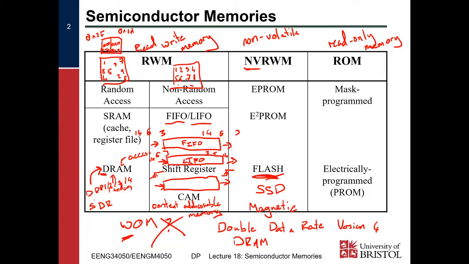If not, just being able to read your entire data structure at once doesn't really count as random access. You could call it full access or something like that, but it's not random in the sense that you can't randomly select one chunk of it. Okay, so you would need some form of multiplexer so that you could select different sections of your shift register.